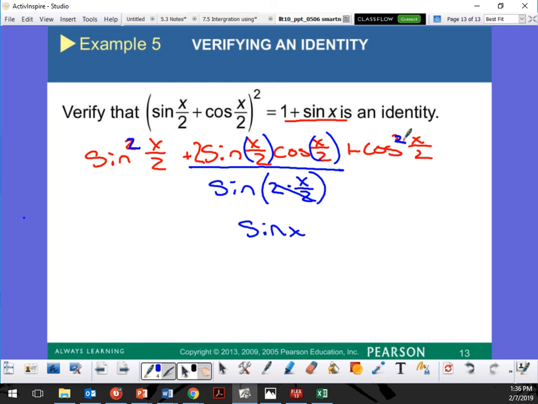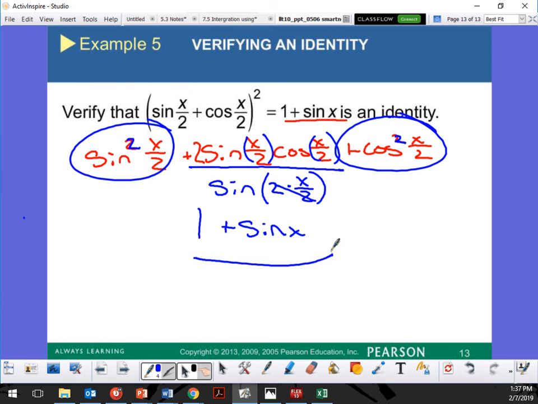No, it's the identity. Whether it's x over 2, 2x, or 5x, if it's sine squared plus cosine squared, that gives me 1. Every time that's going to be 1. So all this together just gives me 1, which makes it an identity.